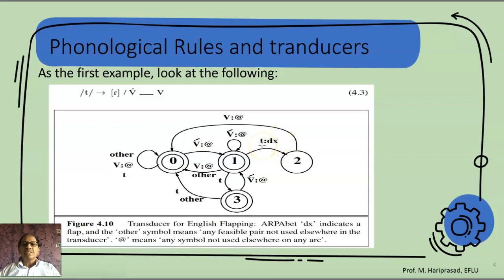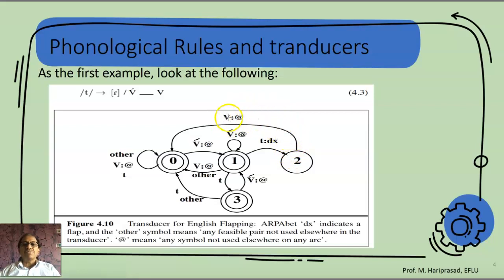So t is the lexical level and the flap is the surface level, right? Surface phoneme. So t changes to the flap here from 1 to 2. That is, when t occurs after a stressed vowel, from 0 to 1, you can see, or you can even see here, right? Stressed vowel. Then after it changes to the flap, there has to be another unstressed vowel.